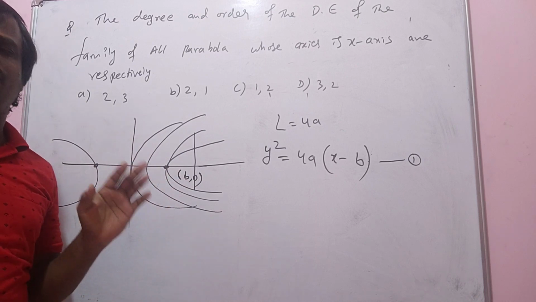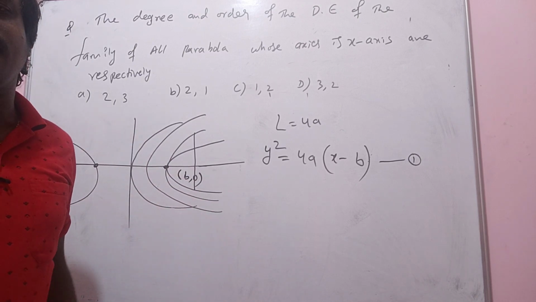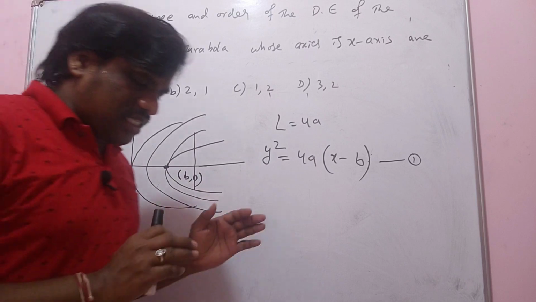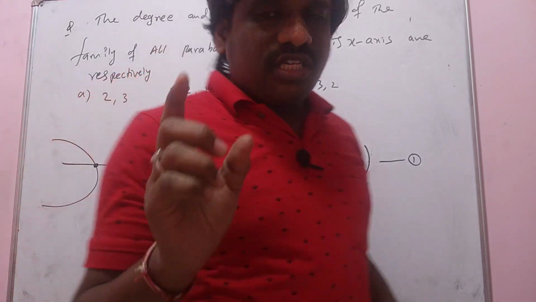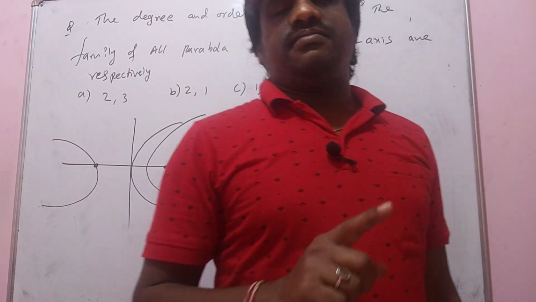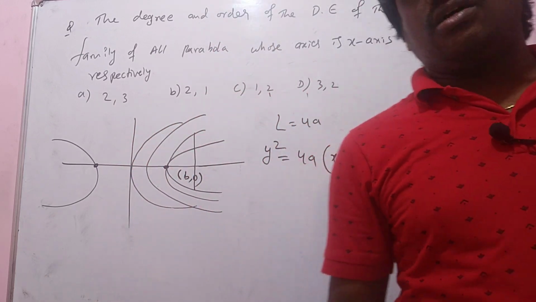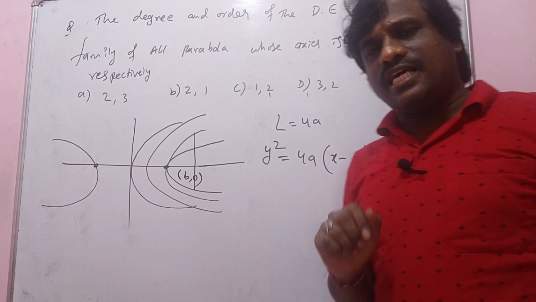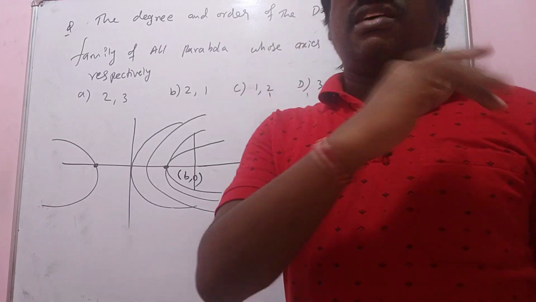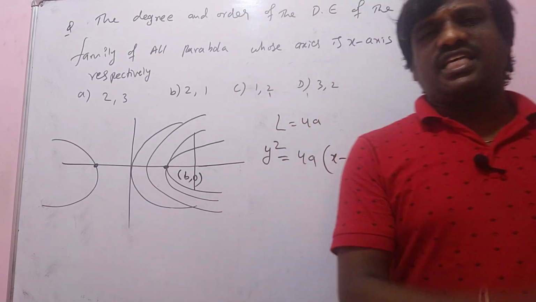What is the difference between a constant and an arbitrary constant? An arbitrary constant means the constant keeps changing. Like here, if I say the constant k is equal to 5, that is a fixed constant; there is no change in that.